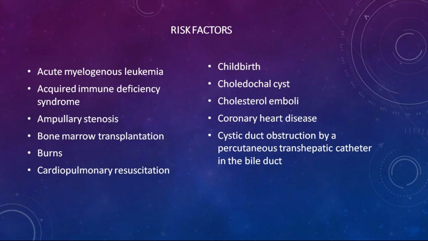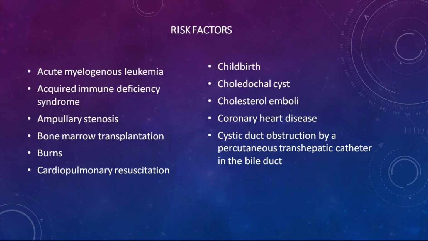These are the main risk factors for developing acute acalculous cholecystitis. AIDS is one of the risk factors. AIDS, ampullary stenosis, bone marrow transplantation, burns, coronary artery disease, and cystic duct obstruction.